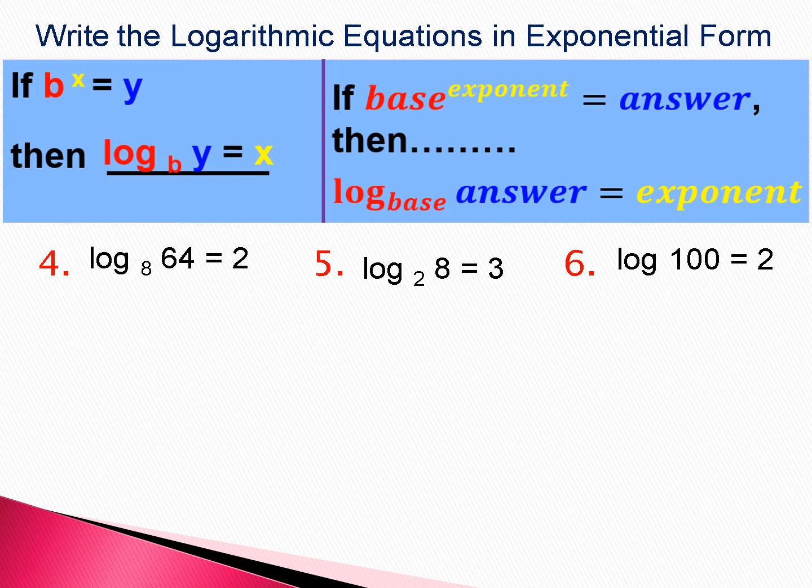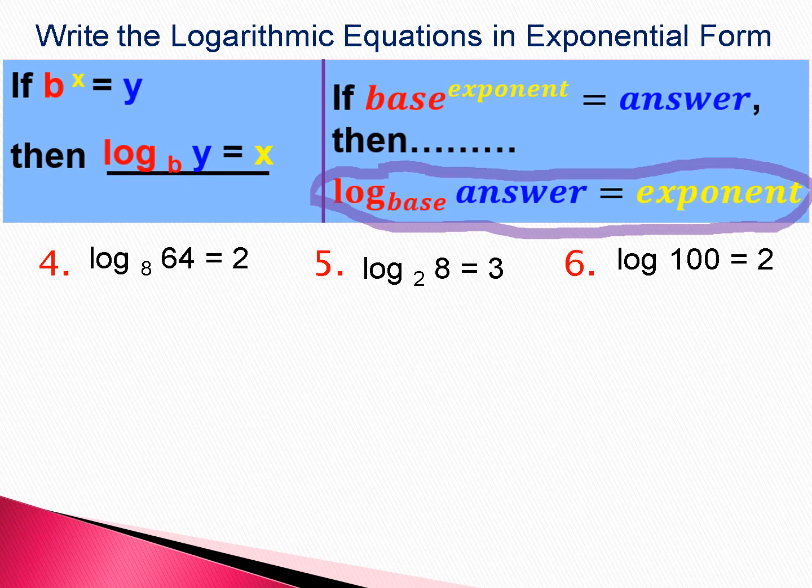Now you'll notice we're still going to use that formula for converting, but this time we're going from the log to the exponential form. So, same thing, you've got to identify the base, the exponent, and the answer. Now remember, logs always equal the exponent.